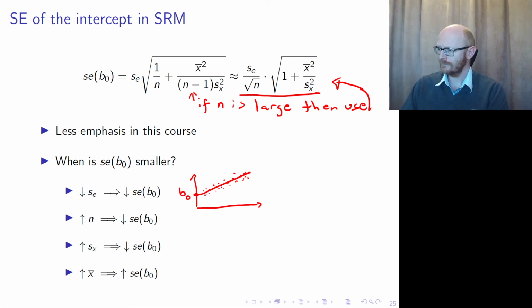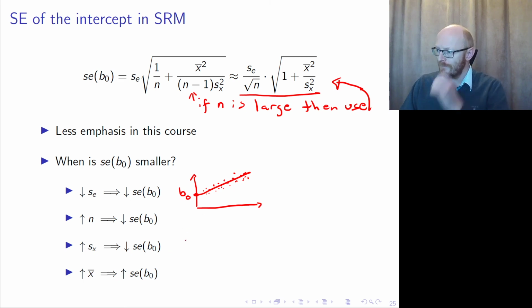Okay? And if you have more data points, then of course you get more information about the population, and you're more certain as to where the intercept might be.